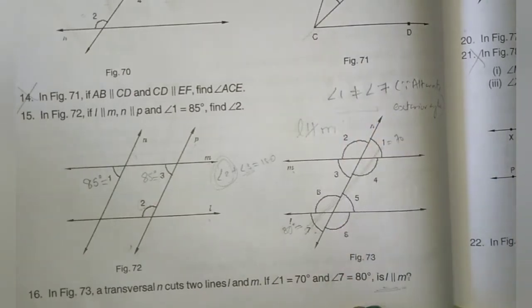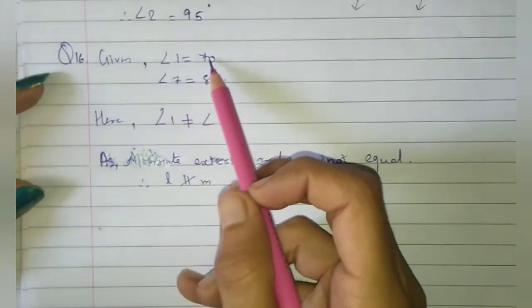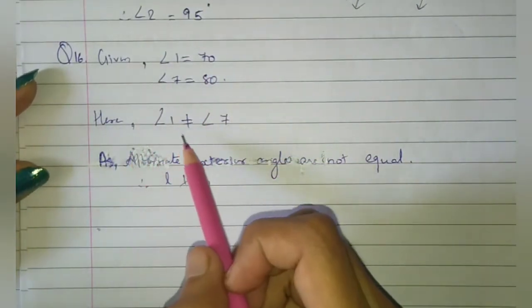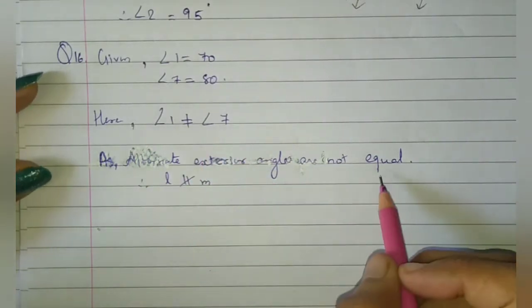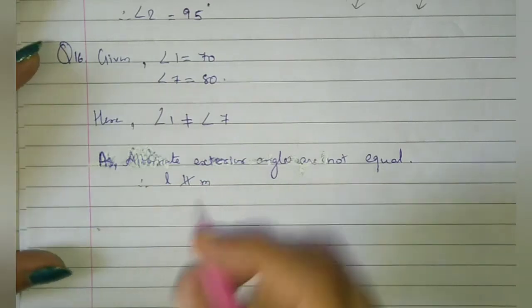Now 16, how to write: given angle 1 equal to 70 and angle 7 equal to 80. Here angle 1 is not equal to angle 7 as alternate exterior angles are not equal, therefore l is not parallel to m.